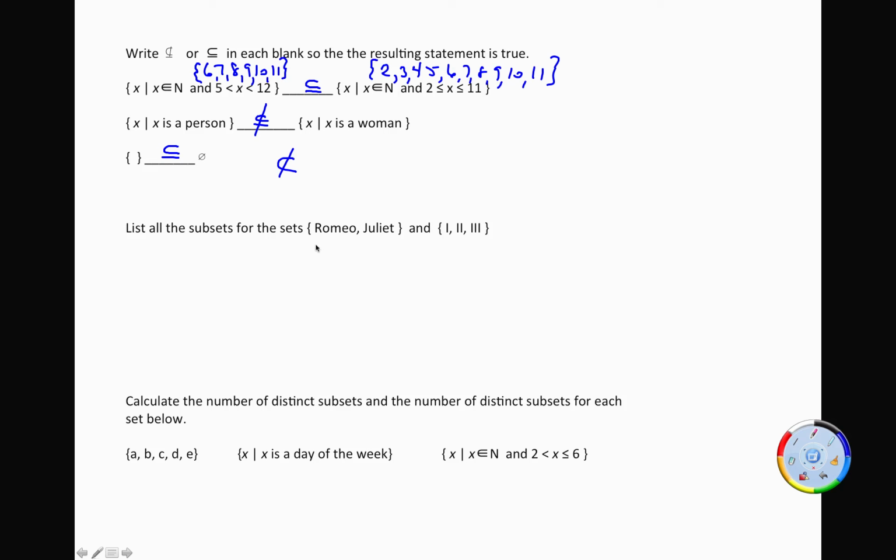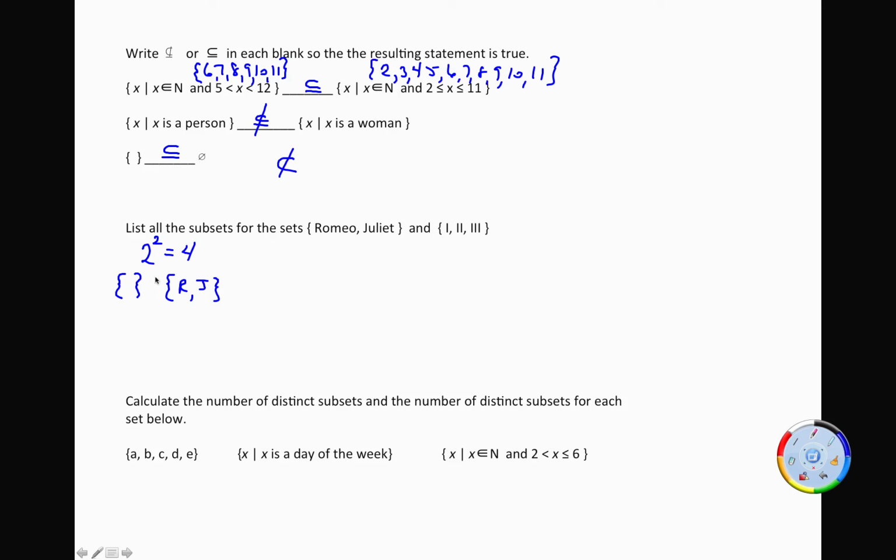List all the subsets, first of all, for Romeo and Juliet. Well, one thing I know is that there will be 4 subsets because 2 to the 2, there are 2 elements. So just to help me make sure that I get them all, and I also know that the empty set and the set itself, right, so I'm just going to say R and J for easiness sake, are subsets.